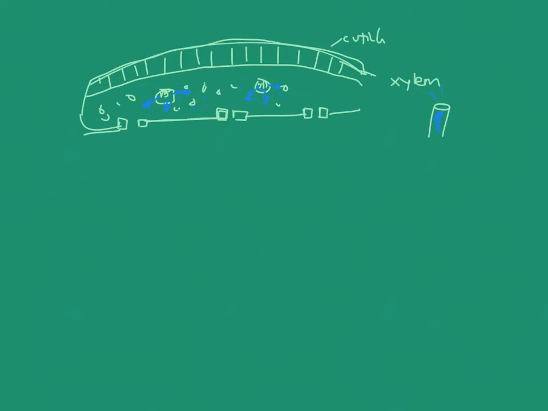And remember, water goes from an area that's high water, which would be the xylem, into the air, which is lower water. And then ultimately, outside is usually less humid, and so the water is going to exit out through the stomata. So you now have water exiting out.